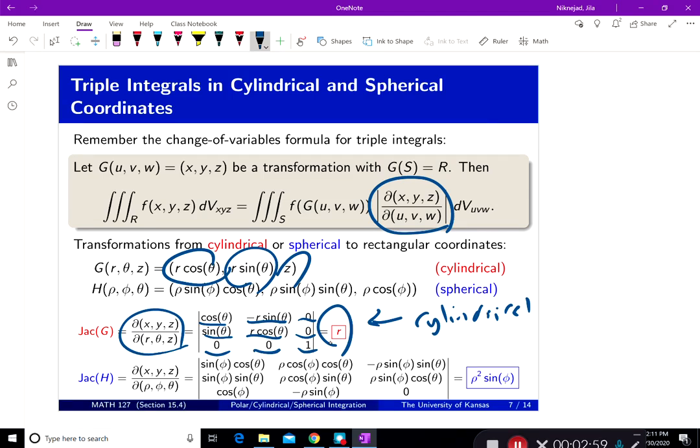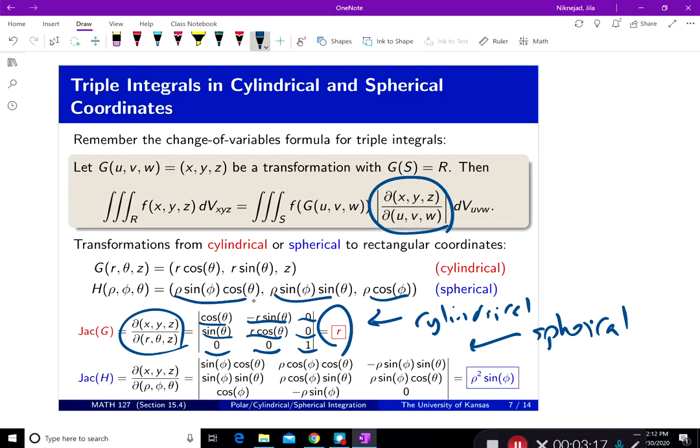Now you want to find the Jacobian of the spherical. So for spherical, let's erase this part. You have x is this, y is this, z is this. So x with respect to rho gives you that, phi gives you this, theta gives you that.